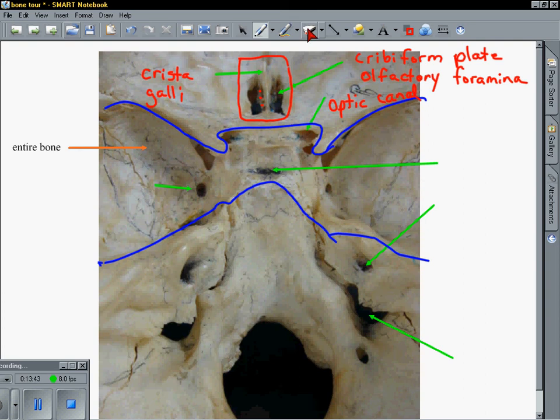We are looking at the bat now in the blue, which is the sphenoid bone. And we have a couple of depressions in there for us. We have this big depression in here, which is where the pituitary gland sits, called the sella turcica.